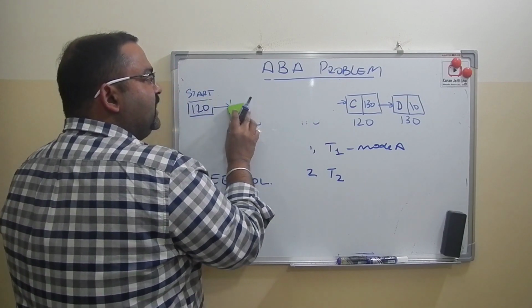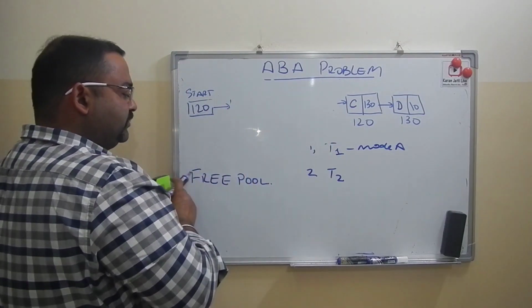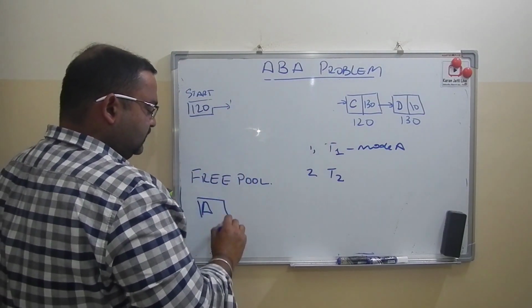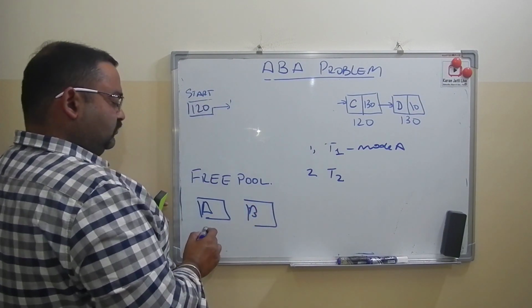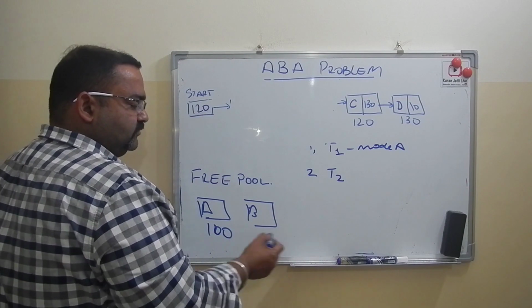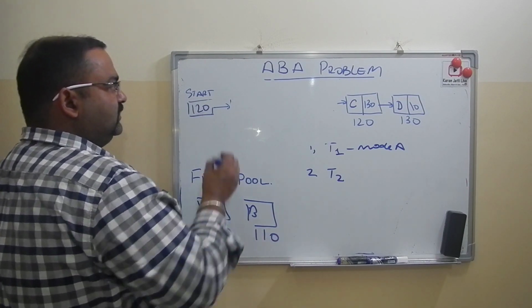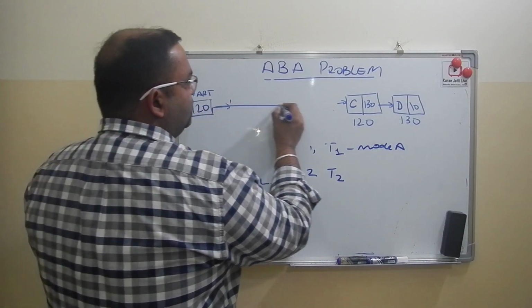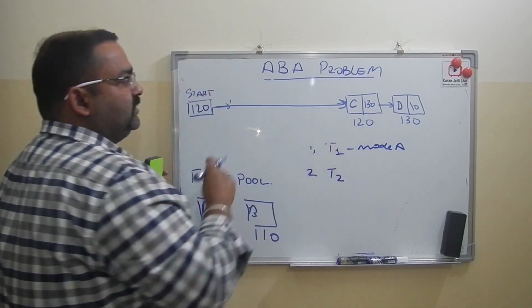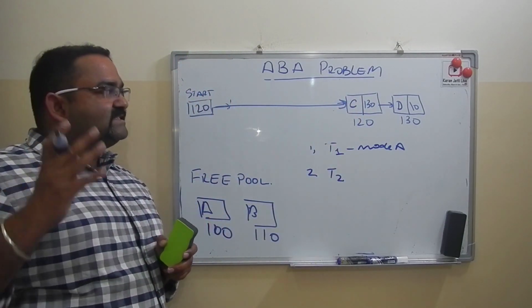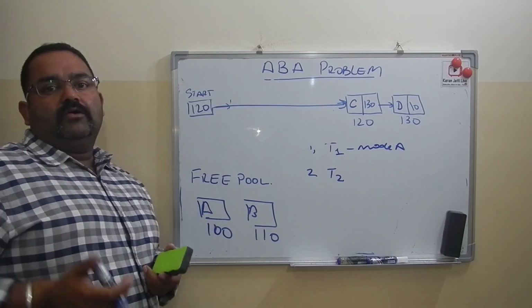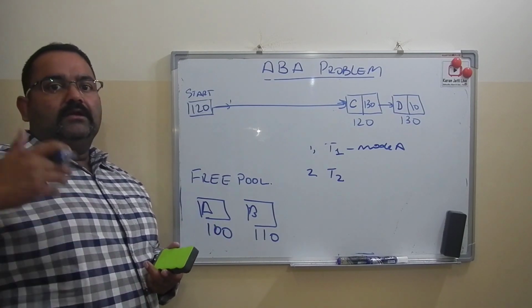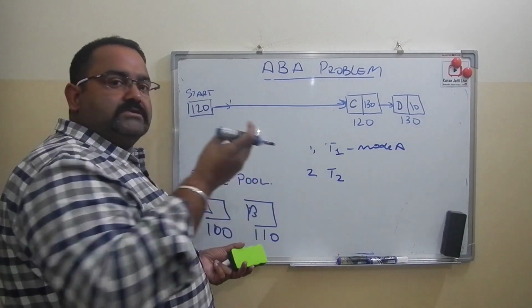Both node A and node B are moved to the free pool. Here is A and here is B. What was the address of A? 100. What was the address of B? 110. And the start pointer is modified and it is pointing to node C. Then it releases the lock. Now the lock is available.